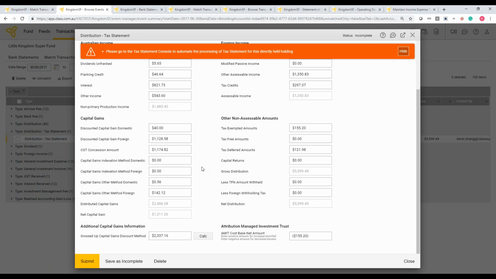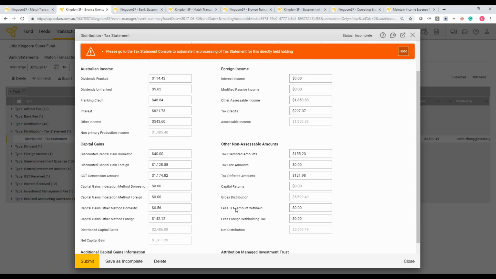So normally non-TAR relates to foreign and the other one relates to domestic. That's how I enter those amounts based on those summaries. And the CGT concession amount is 1174.82, so that's the non-assessable gain amount. Okay, so that's the capital gain information.